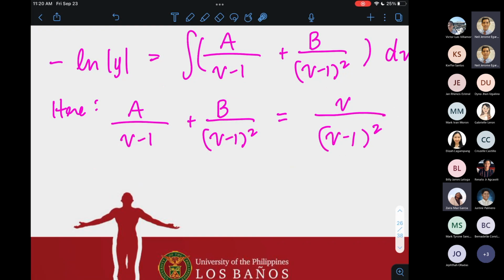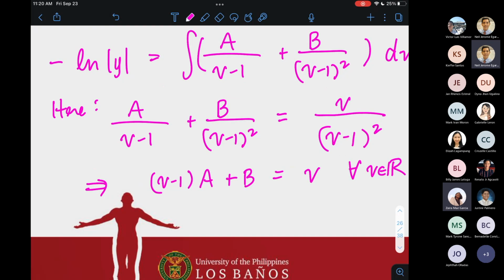Multiply both sides by v minus 1 squared. So I'll have v minus 1 times a plus b equals v. Right? And this should be true for all v in R. Totoo siya sa lahat ng value ni v.